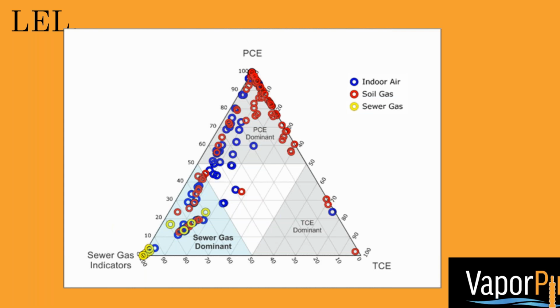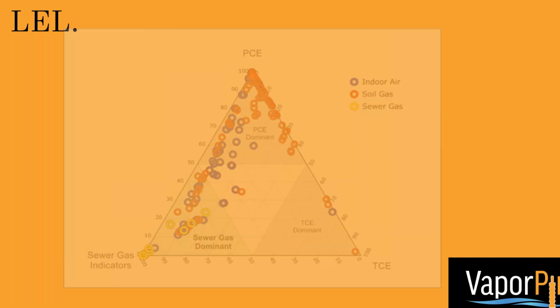When we put those on a trilinear plot with TCE at the top and TCE at the side and sewer gas indicators in the lower left, what we found is that all of our sewer gas plotted where it should, down in that sewer gas dominant area, which was very encouraging for us. But what we also found is that 25% of our indoor air and soil gas samples were actually affected by sewer gas, and we hadn't realized it until then. So it's an important preferential pathway to look at, and keep that in mind.